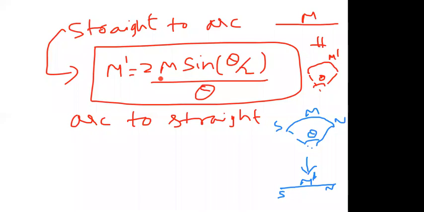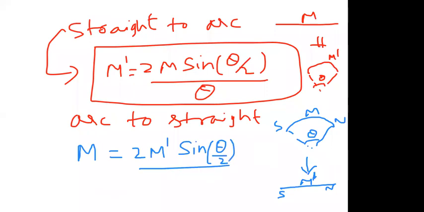Now let us replace here. In this situation, M dash is replaced by M, and M is replaced with M dash. Earlier we had the straight magnet moment M and arc M dash, and we got that expression. Now we are doing arc to straight, so always write the arc magnetic moment in the place of M dash.